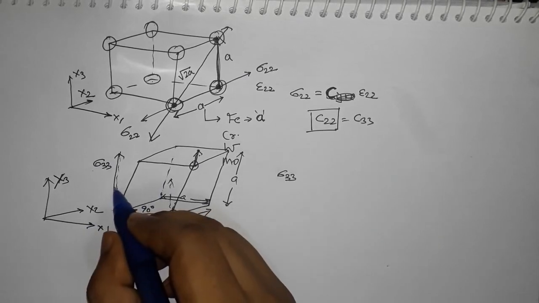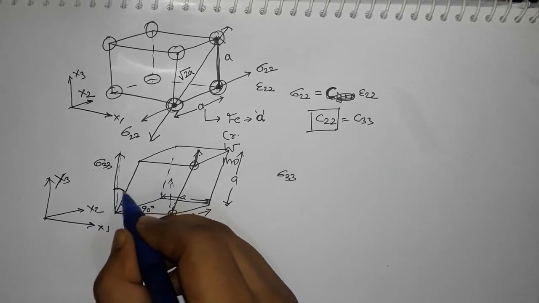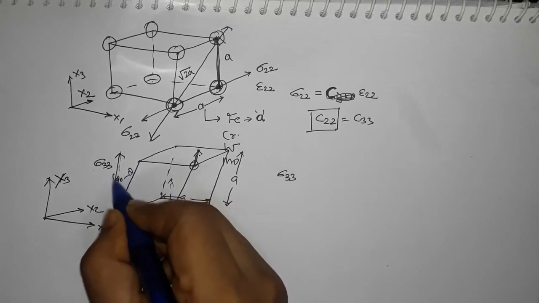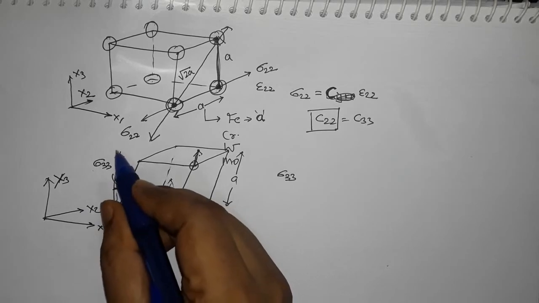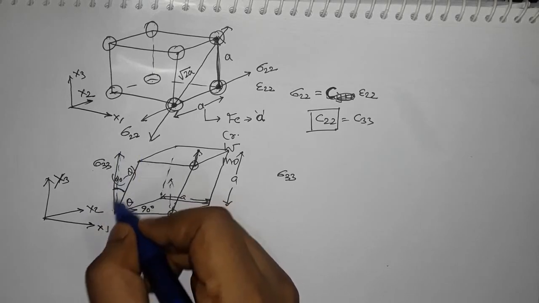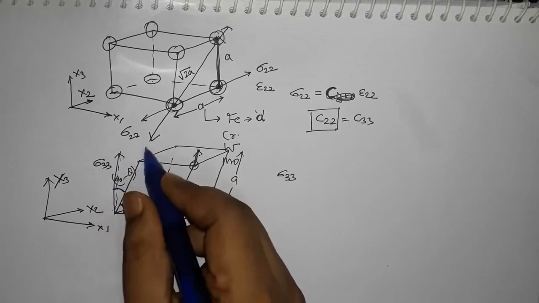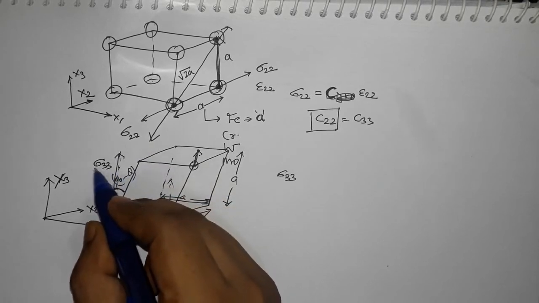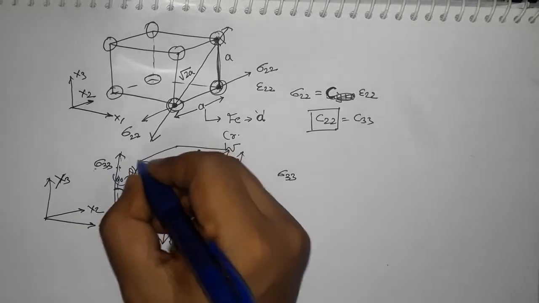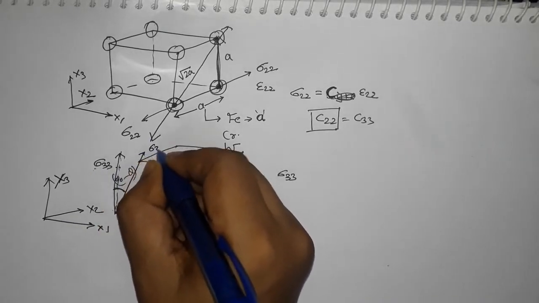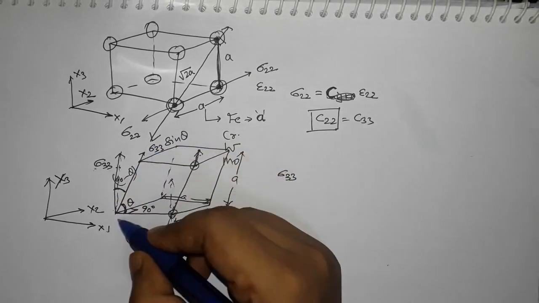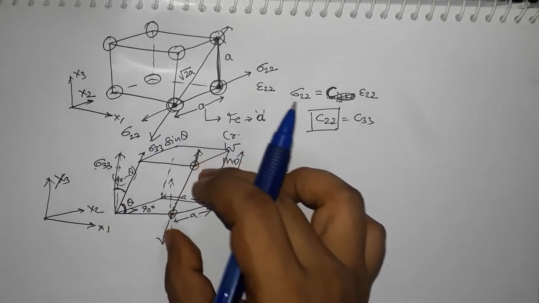So let's say this is theta, so this will be 90 minus theta. The stress along the axis of this will be sigma 33 cos(90 minus theta), so sigma 33 sin theta.